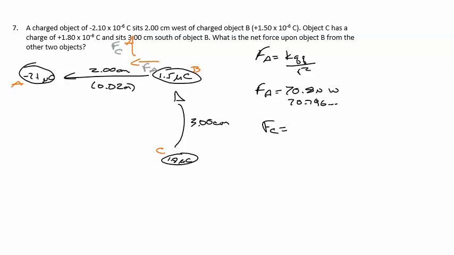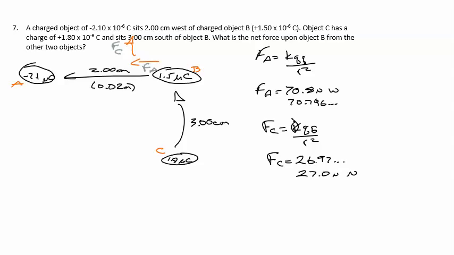Force C, again, we're using the kQ1Q2 over r squared. Force C, when you put it all together, gets you 26.97 and so on, or we'll just go 27.0 newtons, and that one is heading north.